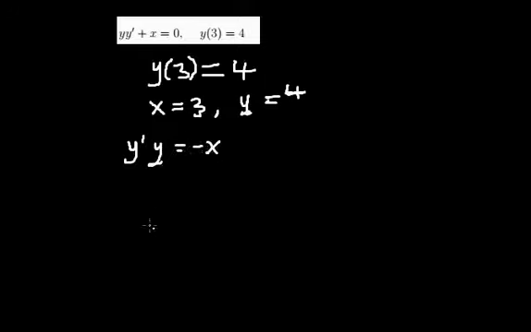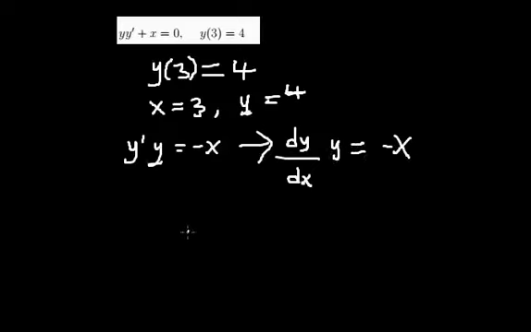If we write this in this form, we can write y dy over dx is equal to minus x.